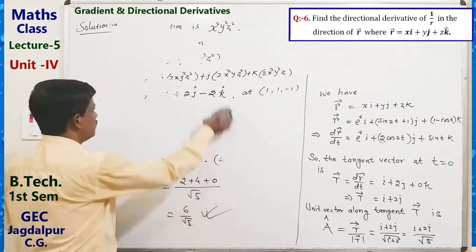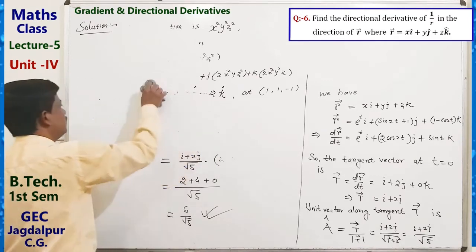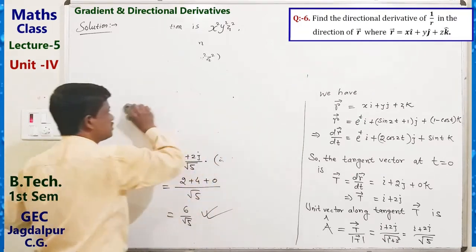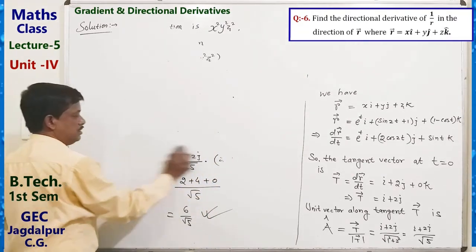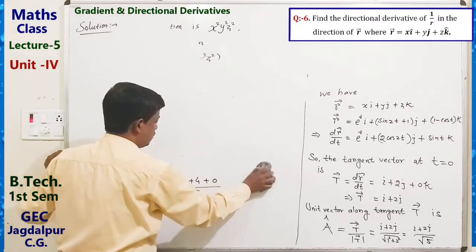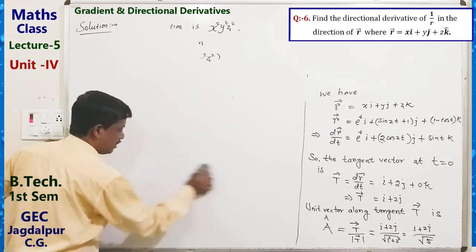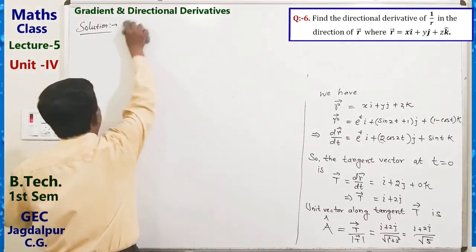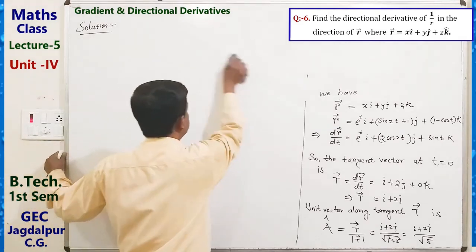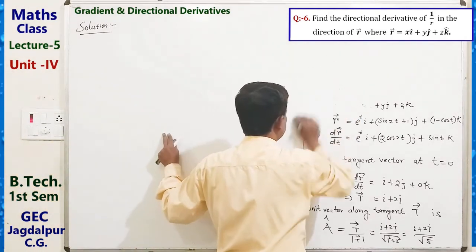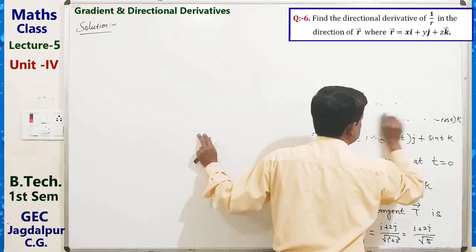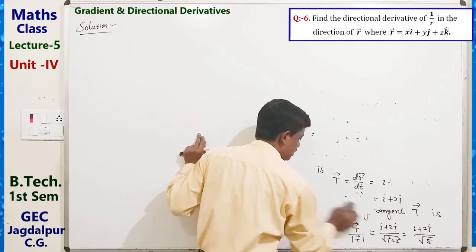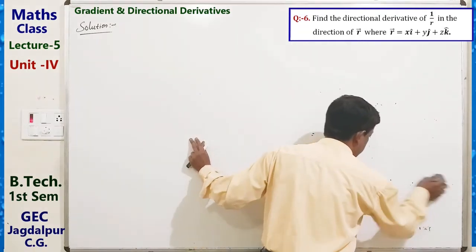So 1 by r is a function of x, y, z. We know r equals root of x square plus y square plus z square. So the function of x, y, z is 1 by r, and we can find del of 1 by r, that is del phi. And in the direction r equal to xi plus yj plus zk, you can write the unit vector r by modulus of vector r.